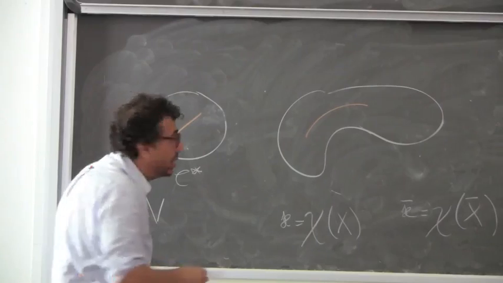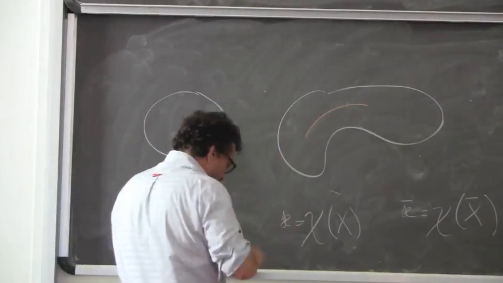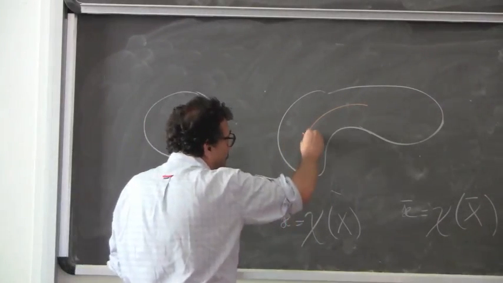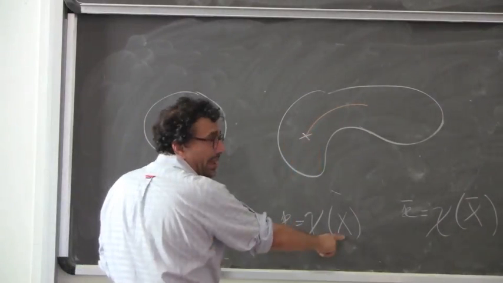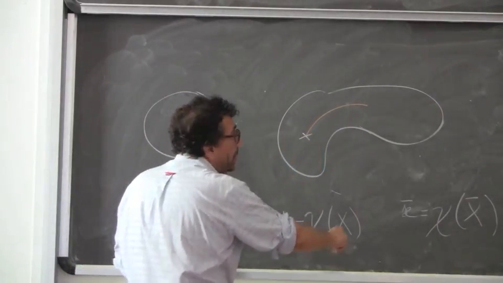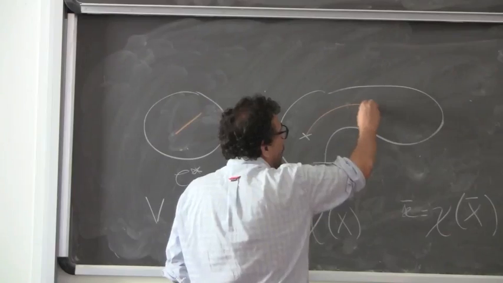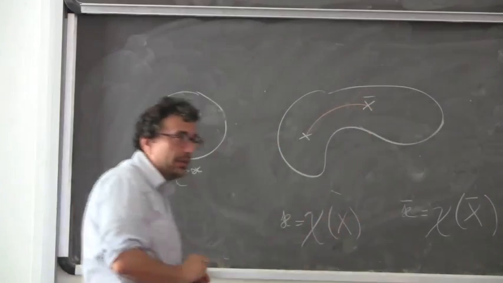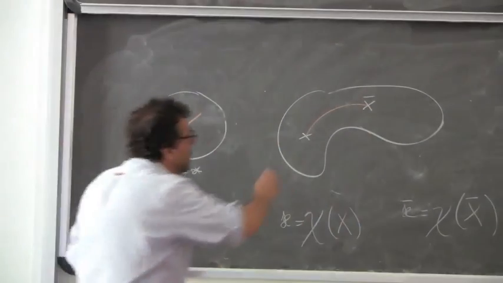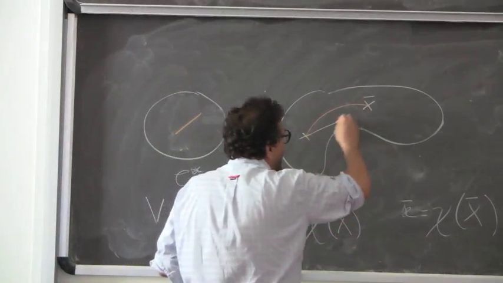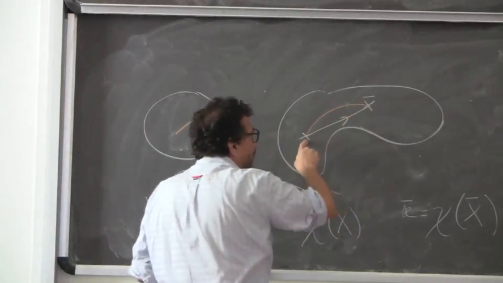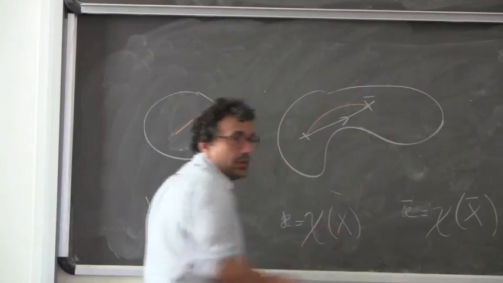Okay? This is the position of capital X. This is the position of capital X bar. This is the displacement from the first position to the second.